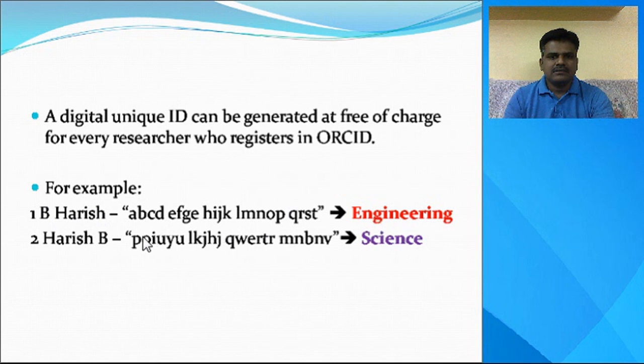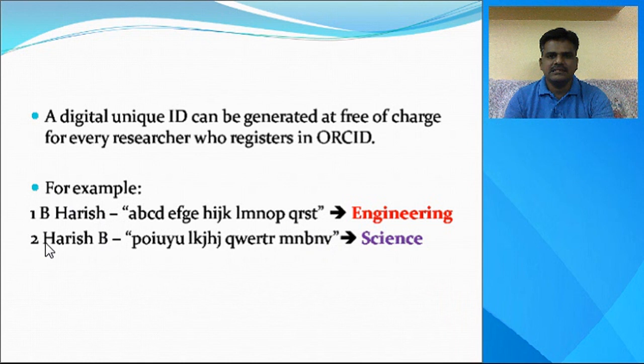He published a paper whose title is, say, A, B, C, D, E, F, G, H. See the second author, his name is Harish B. He belongs to the sciences discipline, and he published a research paper whose title is, say, POIU, LKJ, and so on.